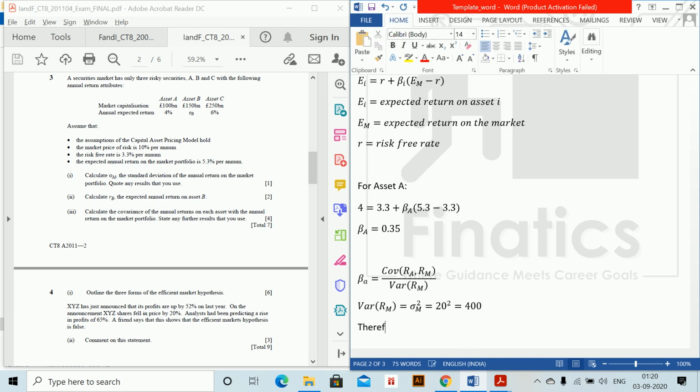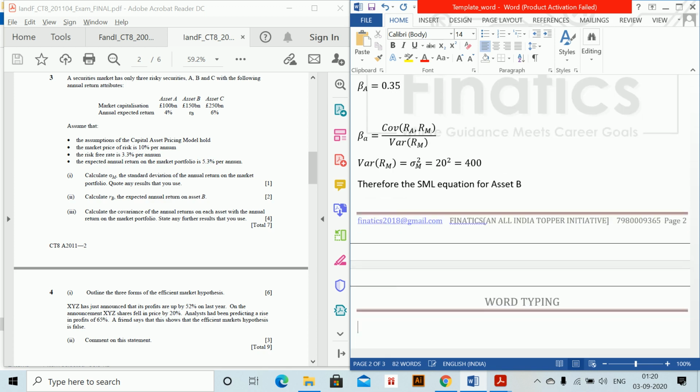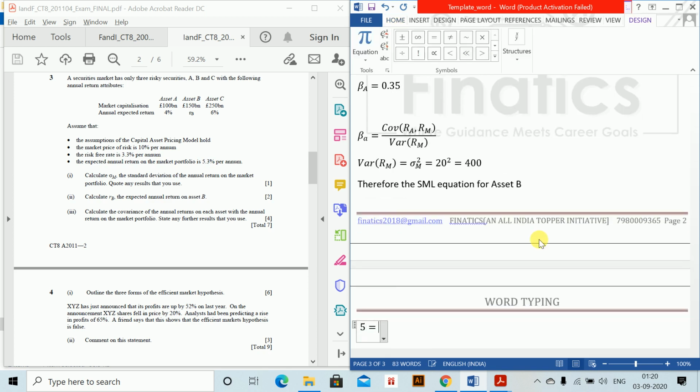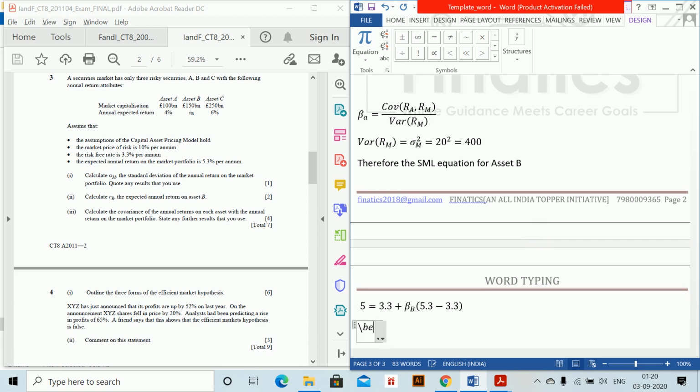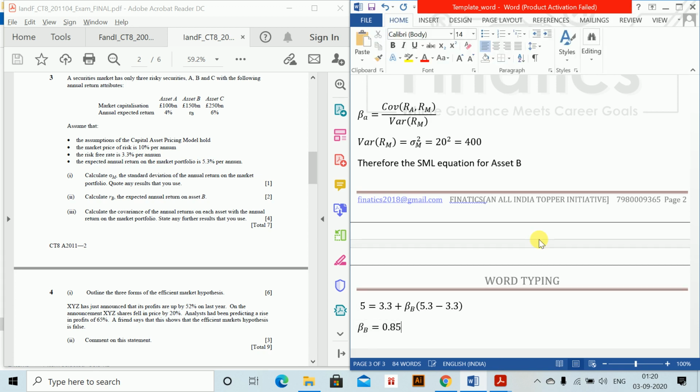Therefore the SML equation for asset B is 5 equals 3.3 plus β_B times (5.3 − 3.3), which leads to β_B equals 0.85.